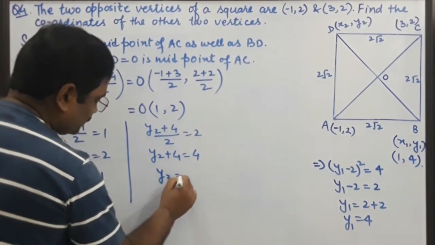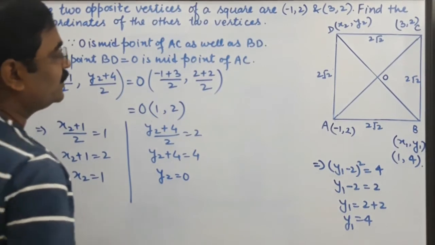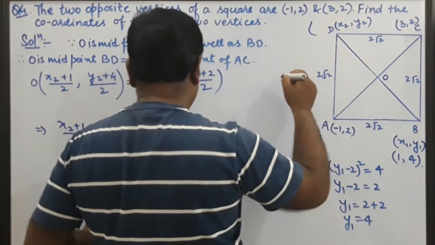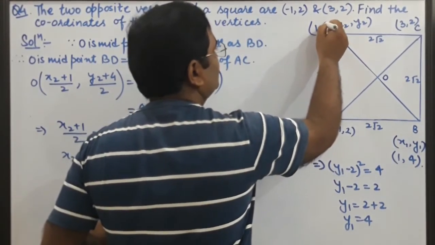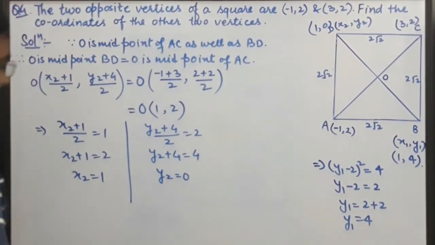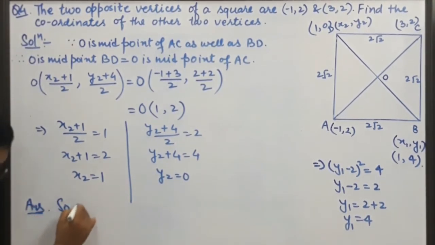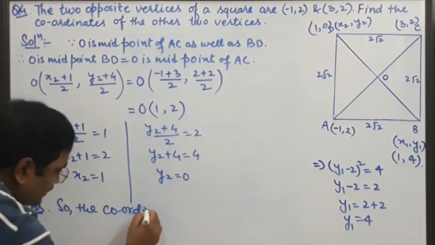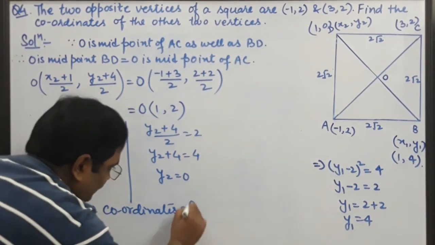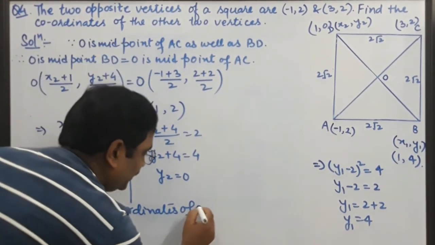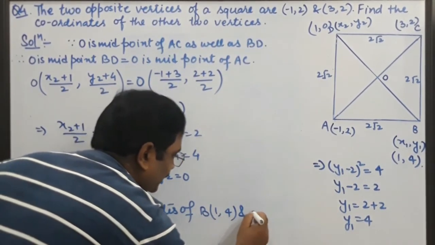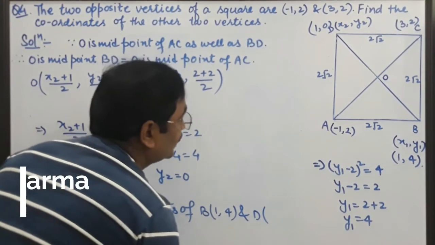Therefore y2 is equal to 0. So we got the coordinates of D also, which is 1, 0, right? So our answers are: the coordinates of point B, which was 1, 4, and D is 1, 0.